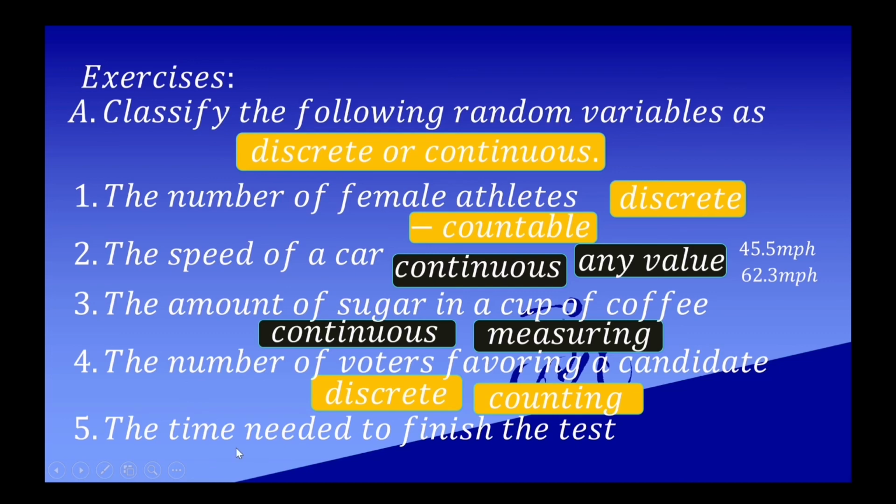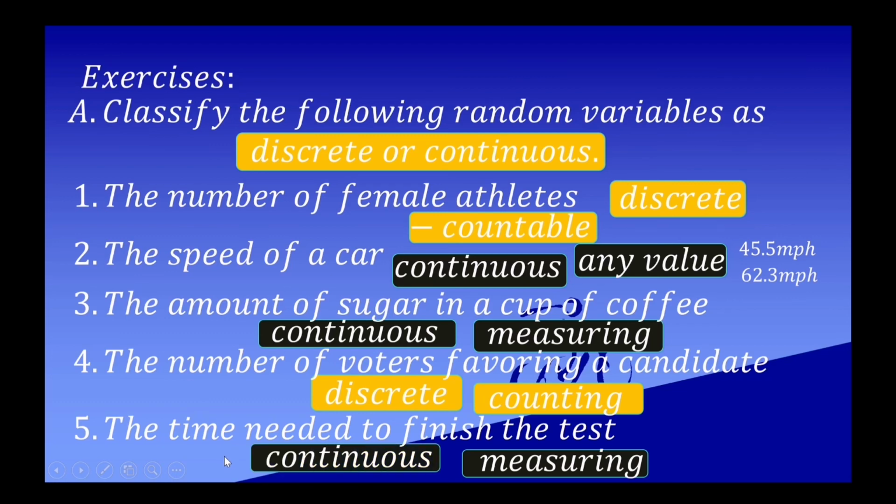And the last, number 5, the time needed to finish the test. To find the time, we need to measure. The value is obtained by measuring, and this is a continuous random variable.